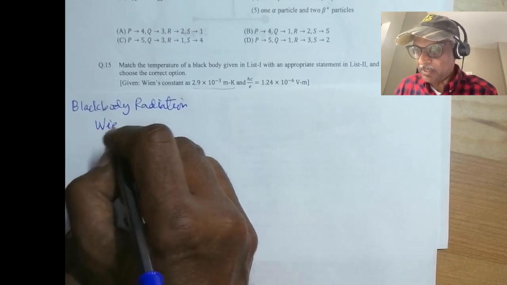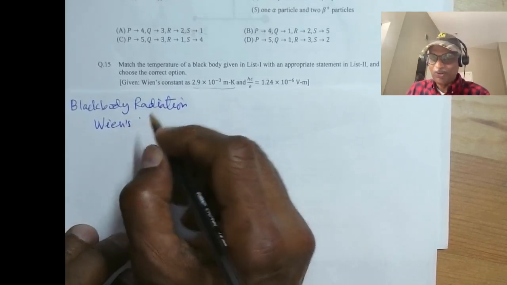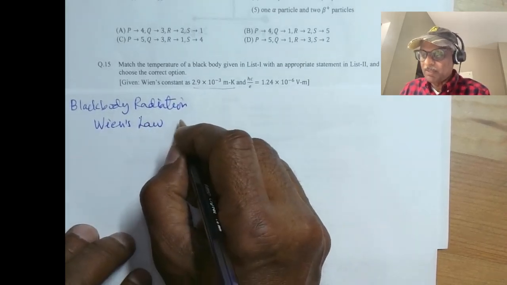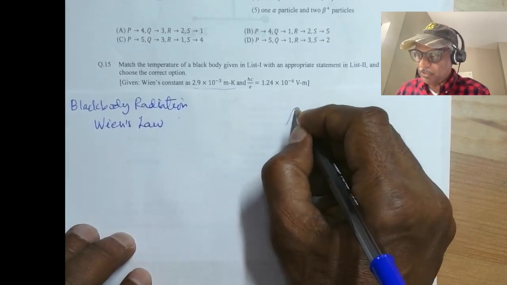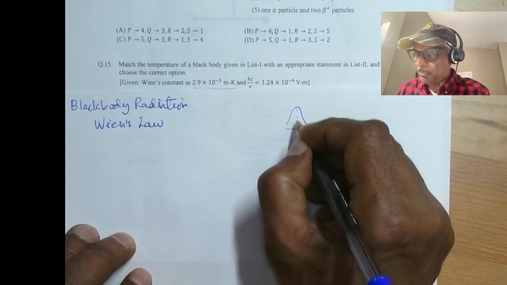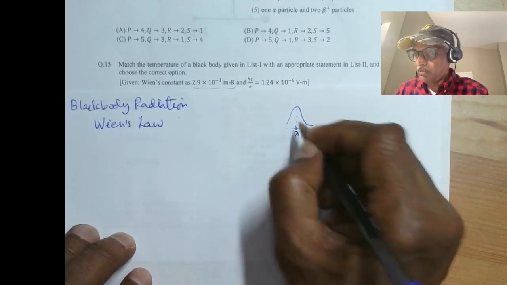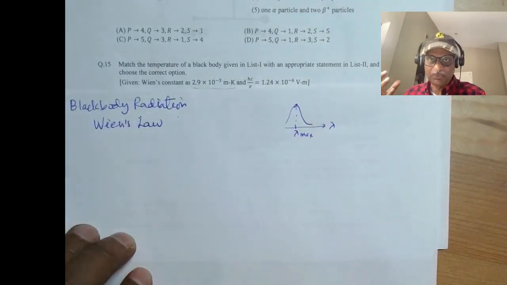Blackbody radiation has Wien's law, something called Wien's displacement law. It says that this is the Blackbody spectrum, and if you plot versus lambda, this is the lambda max. So at which wavelength will most of the energy be coming?